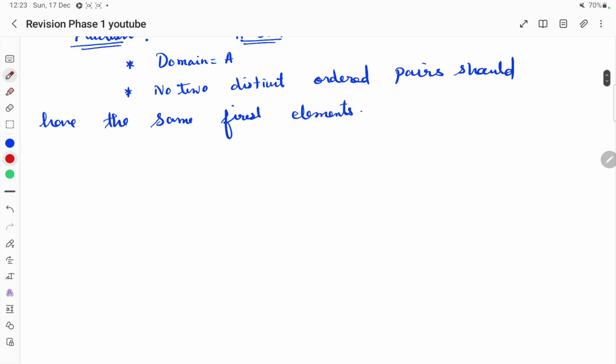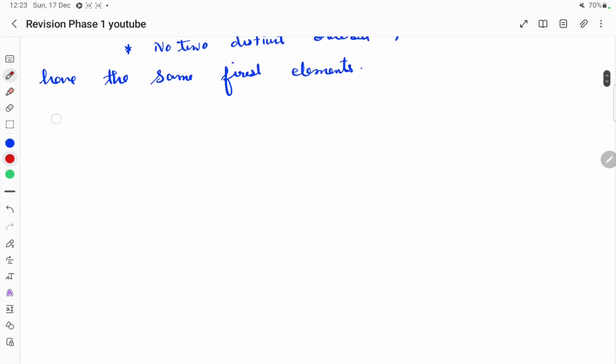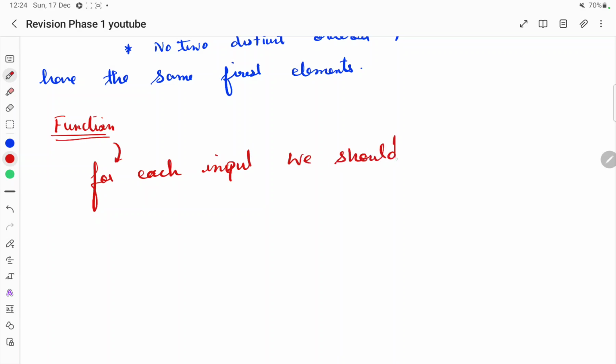Now there is another definition. For each input we should have exactly one output.